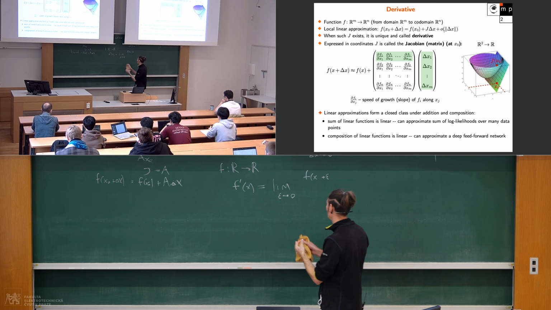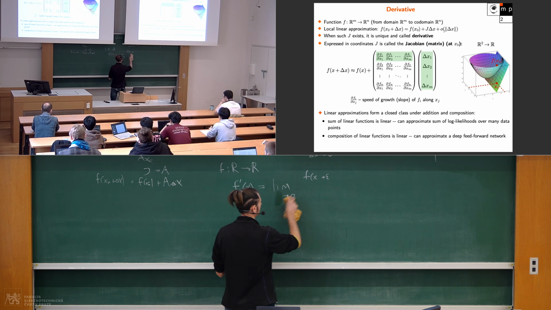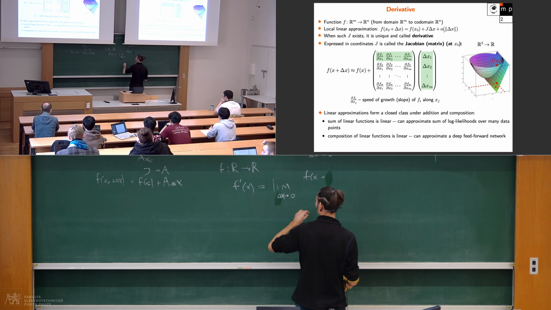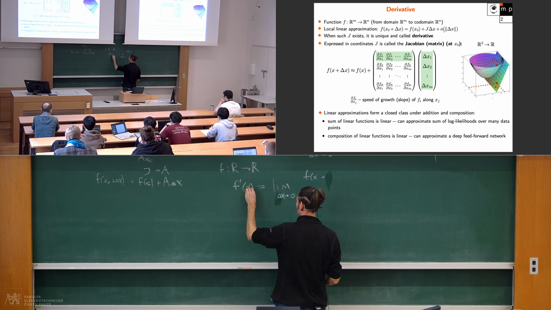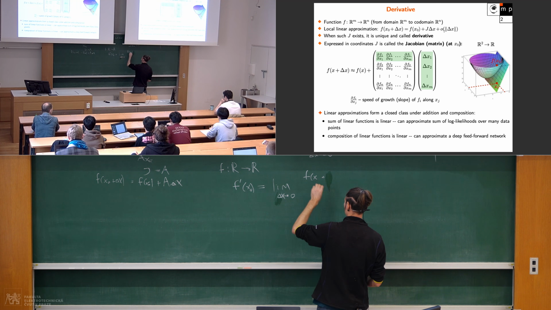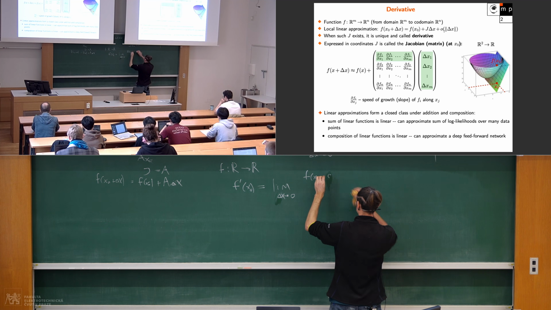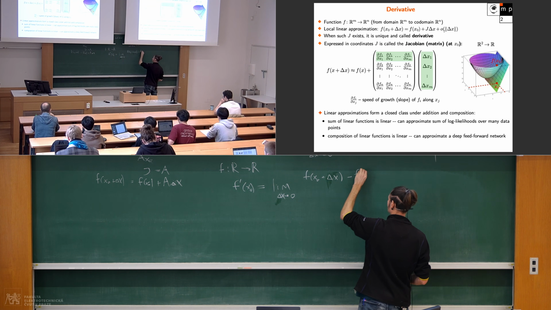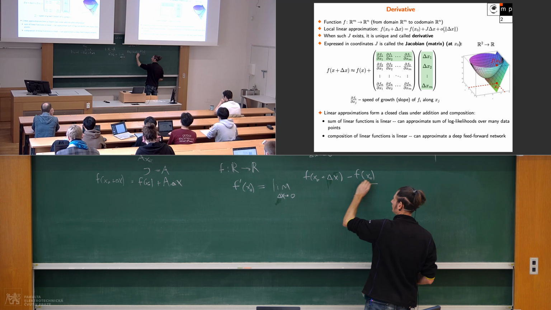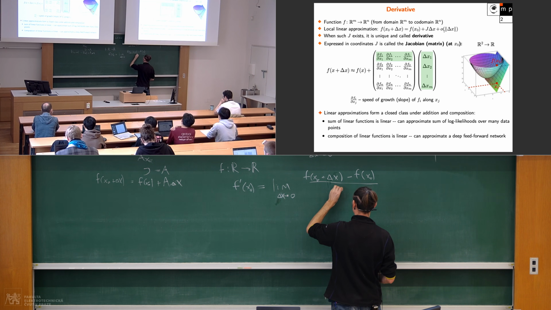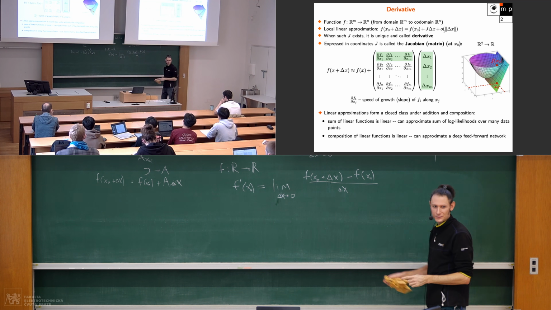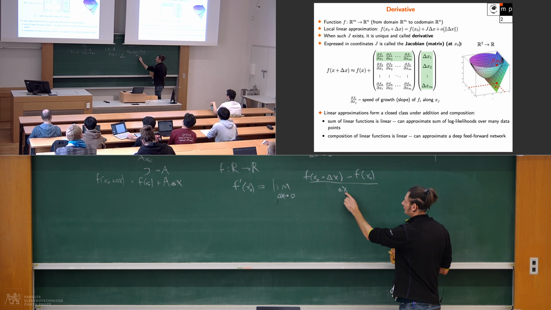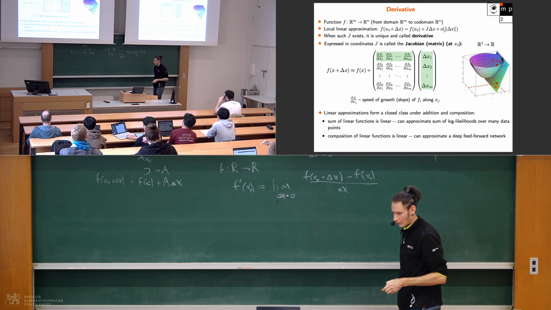I could write delta x for epsilon to make it consistent. So we are considering the derivative at x0. It is this limit, right? The increment of the function to the increment of the argument.